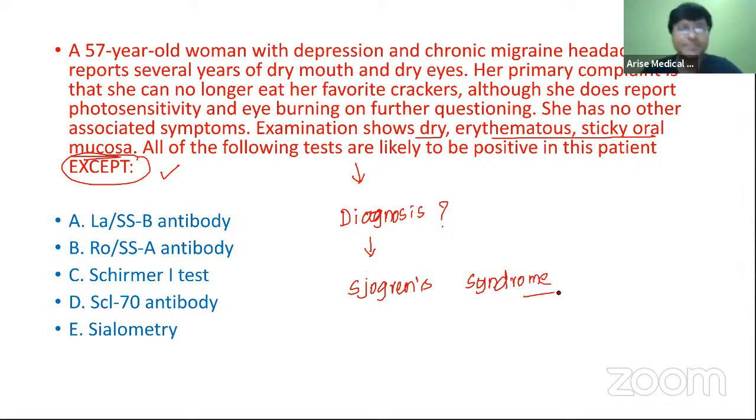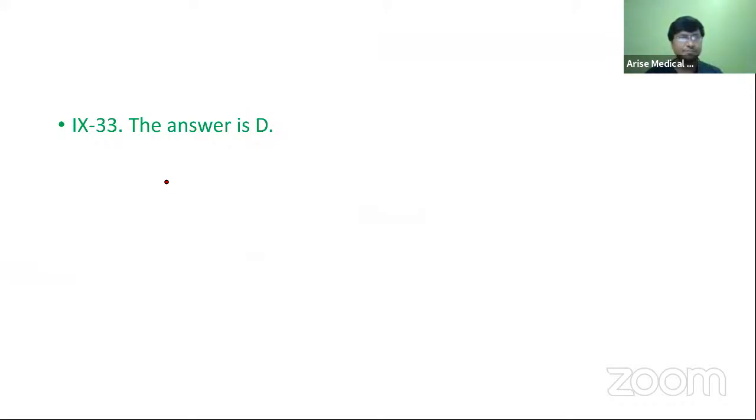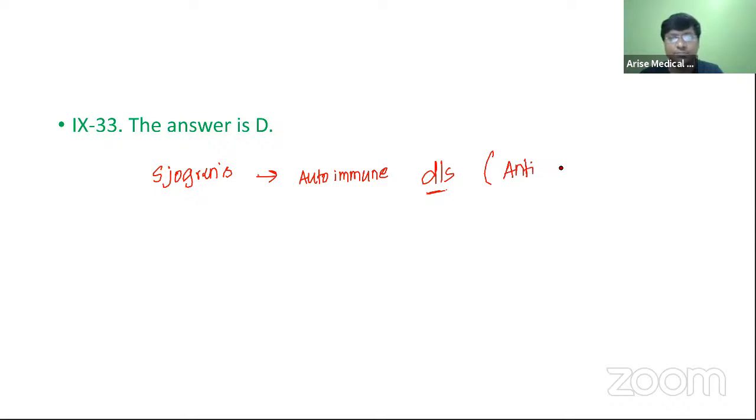I'll tell you a few points about Sjogren's. It is an autoimmune disease, where you have the antibodies anti-Ro and anti-La.